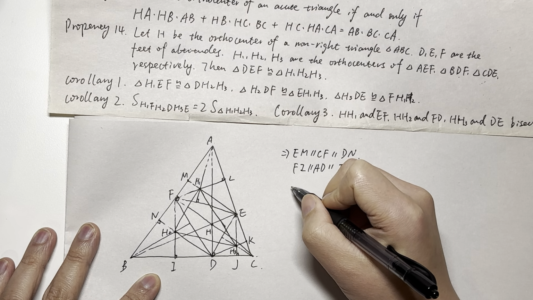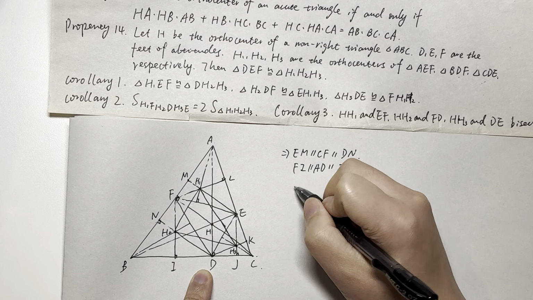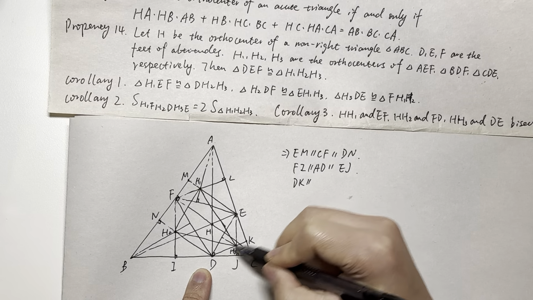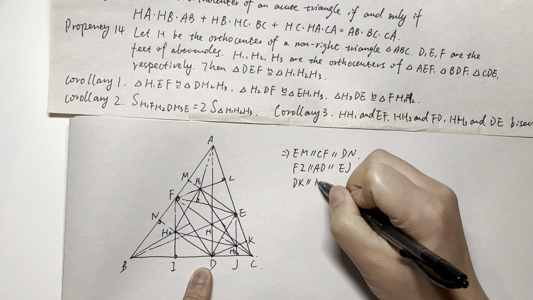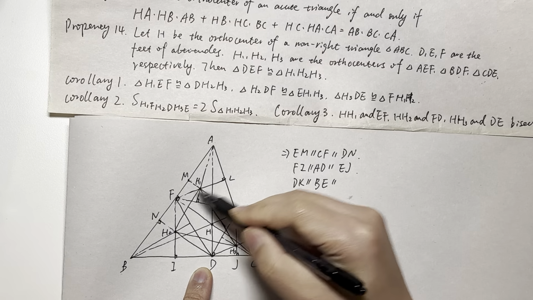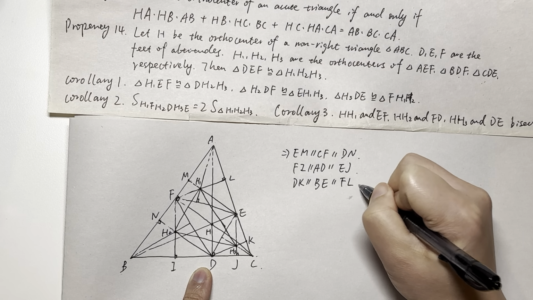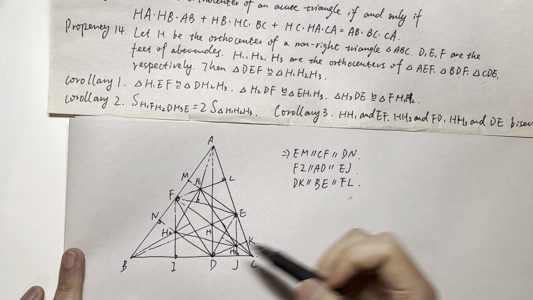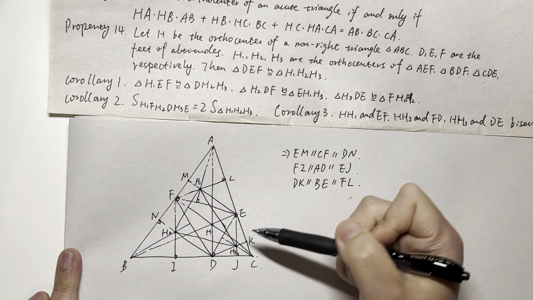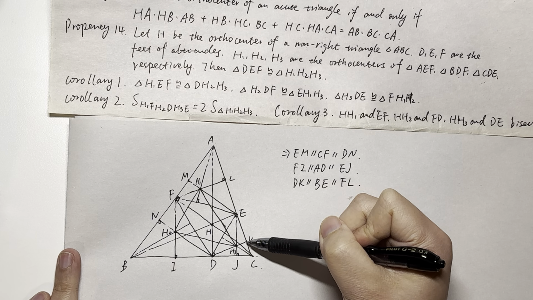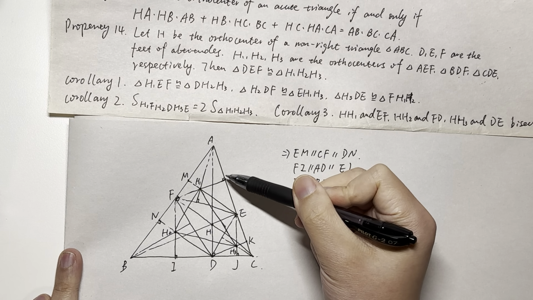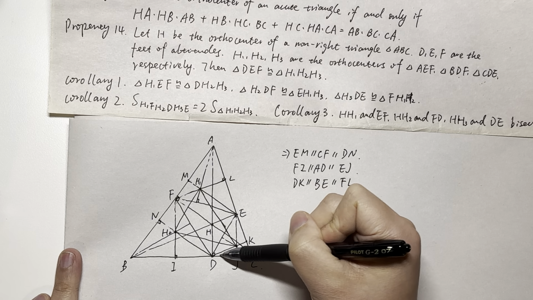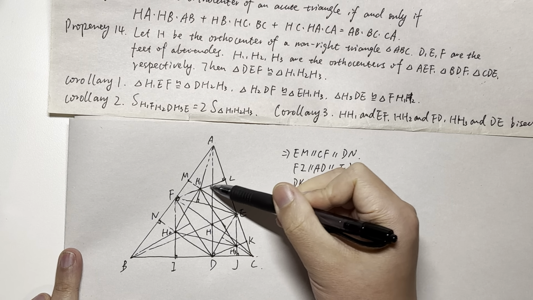Also, we have DK in parallel with BE in parallel with FL, right? So we have all of these lines in parallel. So we know that DK is in parallel with FL, right? So this line is in parallel with this line.